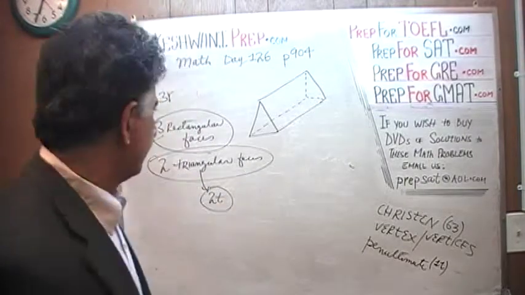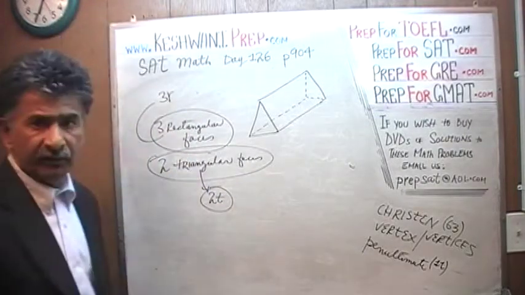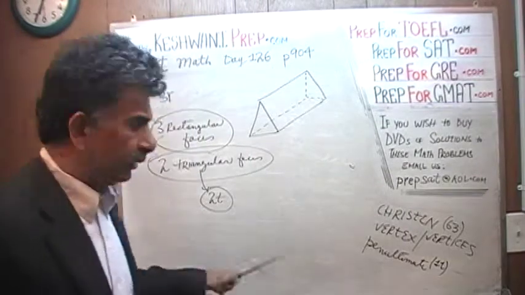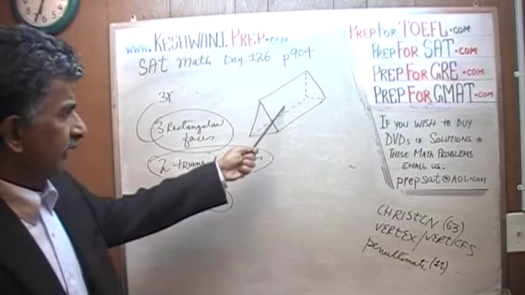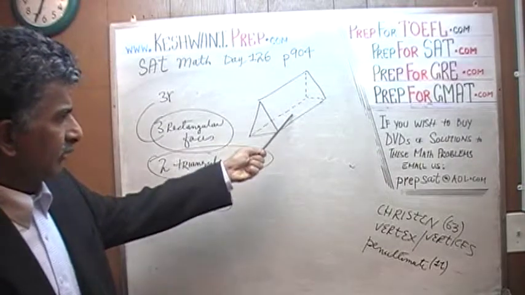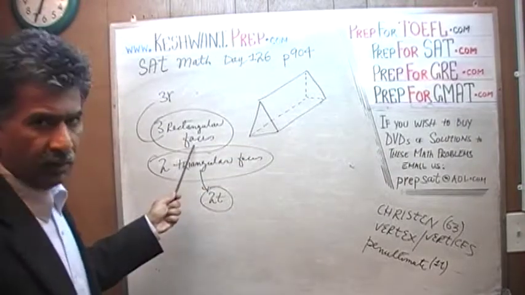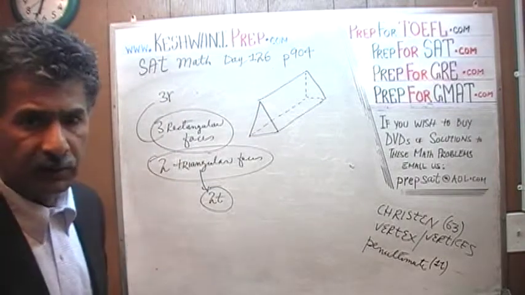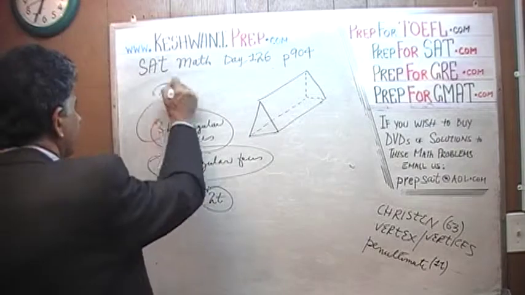Well, total surface area is the area of the 3 rectangular faces. Sorry, I keep calling it triangular. As I said, one in the front, one in the back, and one at the bottom on the floor. Each of them has the area of R, and there are 3 of them, which means we have 3 R's there.